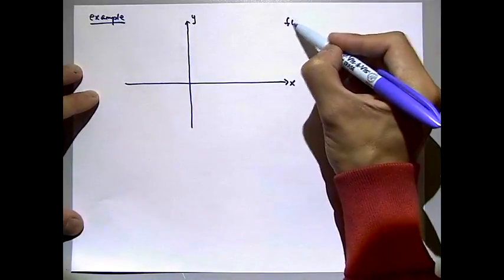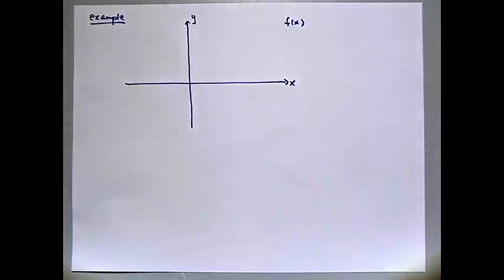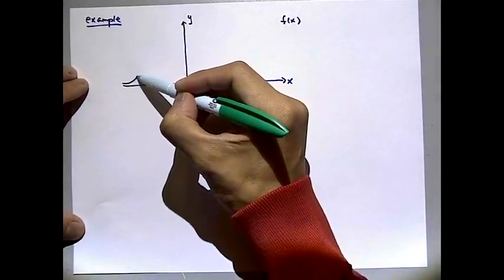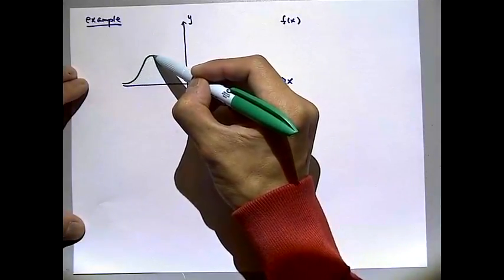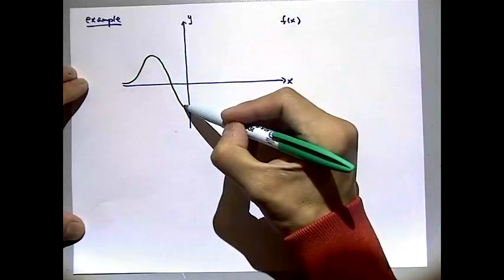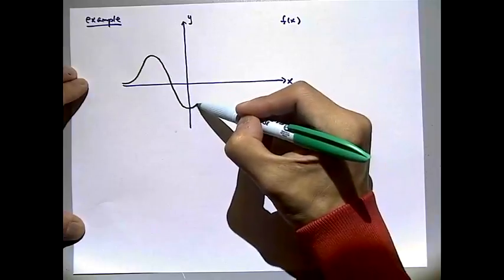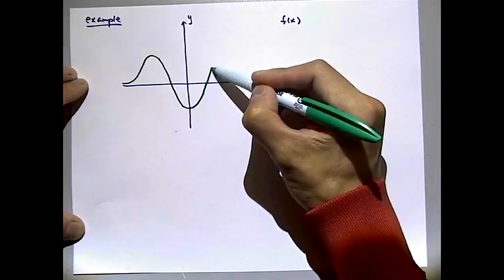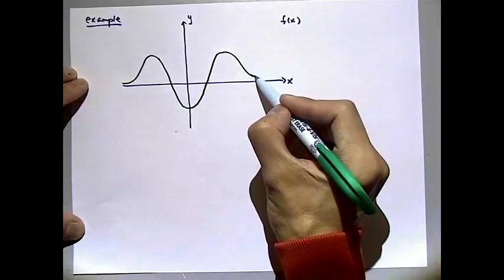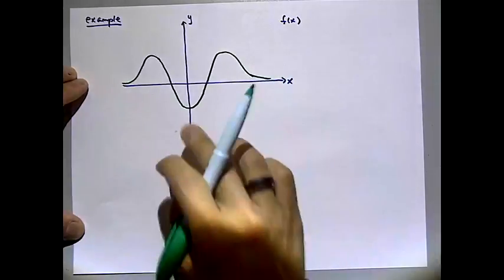And as usual, this right here is the graph of f. Let's have it look like this. Something like that.